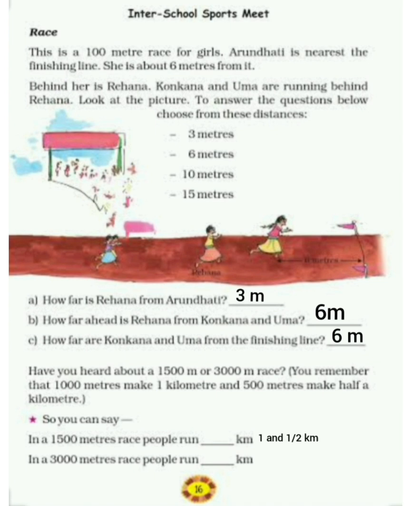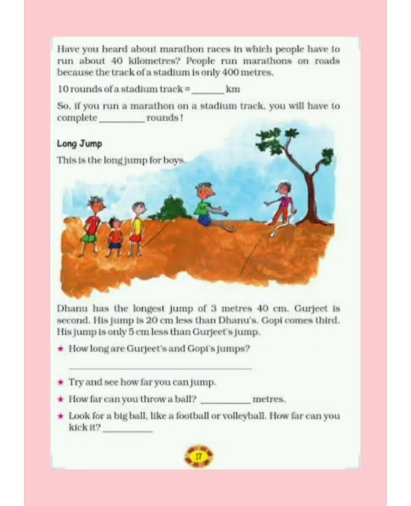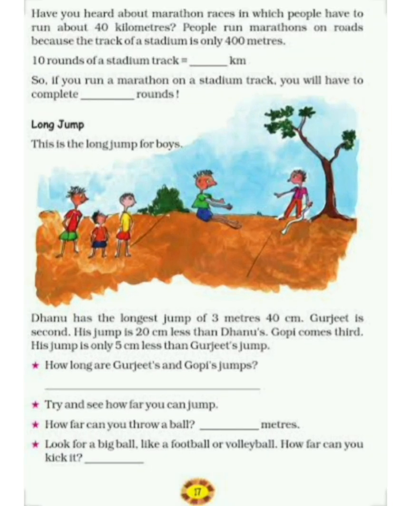And in a 3000 meter race people run 3 kilometers. Okay. Students, have you heard about marathon races? Marathon races are those in which people have to run about 40 kilometers. People run marathons on roads because the track of a stadium is only 400 meters.